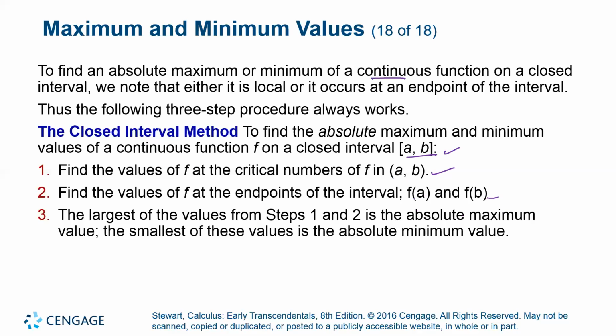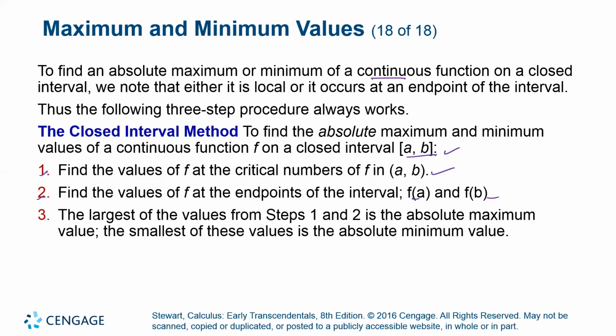Then the largest of these values in steps 1 and 2 will be the absolute maximum, and the smallest will be the absolute minimum. Now notice that we just concluded that if I have a critical number, I can have a local max or a local min. But we can also have the absolute maximum or absolute minimum, depending on whether it's the highest or the lowest.